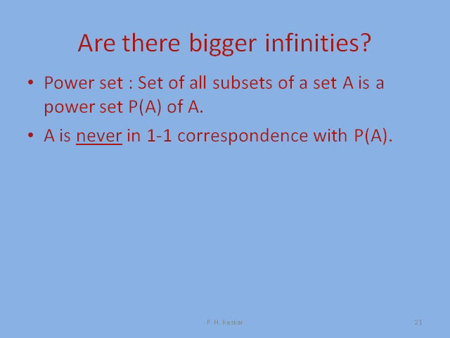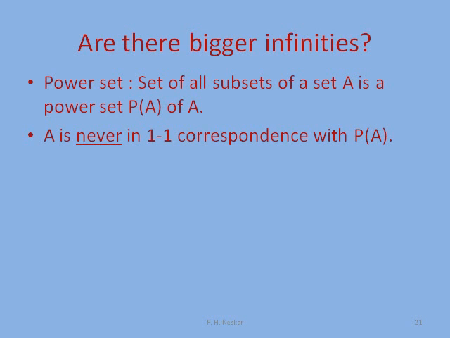And it can be shown that A is never in one-to-one correspondence with the power set of A. So if you start with the set of all positive integers, don't go to rational numbers, but go to all subsets of positive integers, and you see how many of them there are, that is infinite, that's true, but it is a bigger infinity.